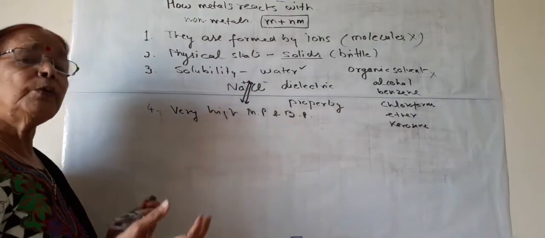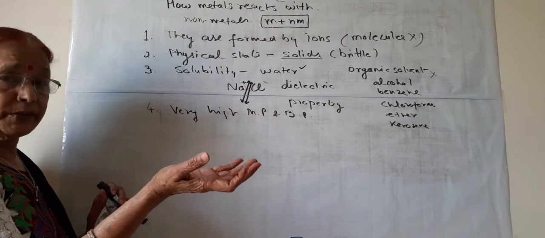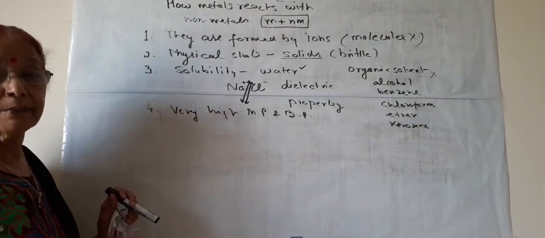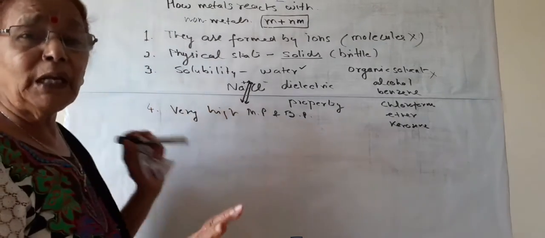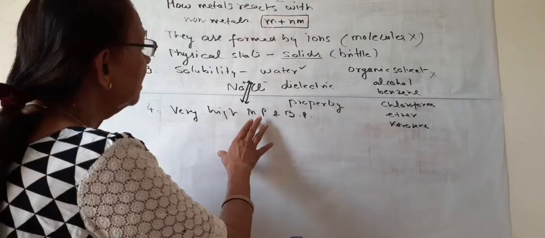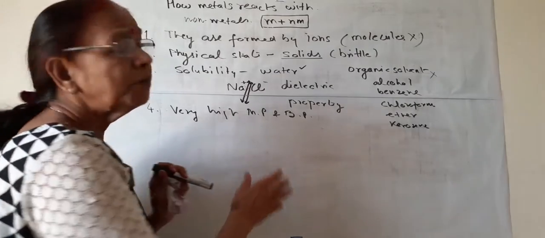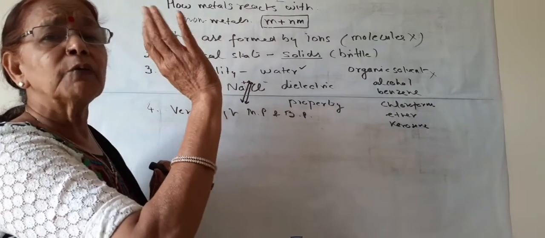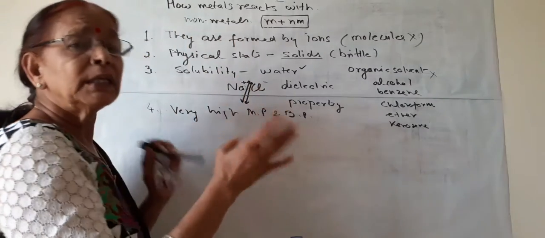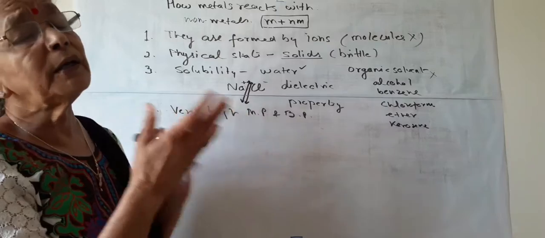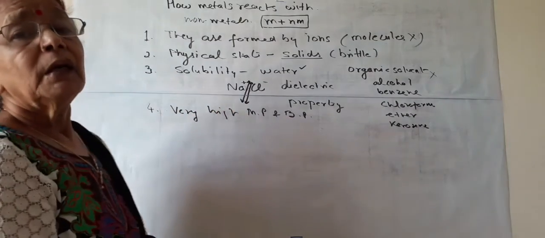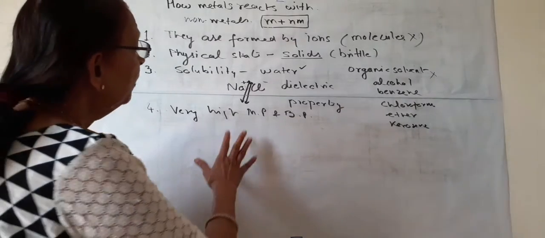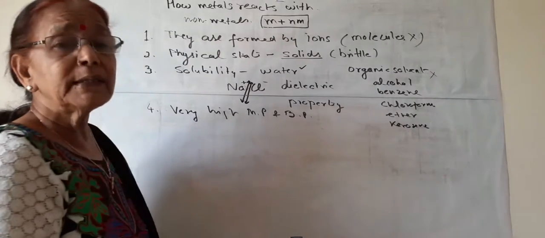If we heat table salt, NaCl, in a spoon, it will neither boil nor melt, because it has a very high melting and boiling point, more than 1000, around 1500. All these ionic compounds have boiling points around 1500. So why is this high melting and boiling point there?